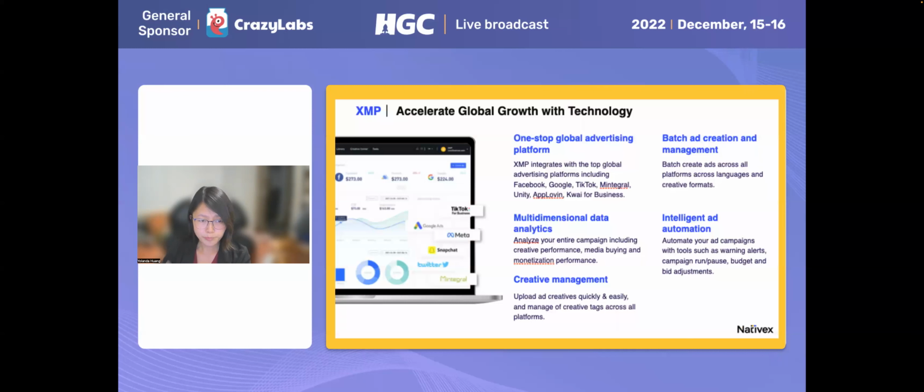Here's what we can do. This is XMP. This is our one-stop platform, connected with most of the platforms we just shared in the previous slides, to increase the UA efficiency, to basically make everybody's life easier.